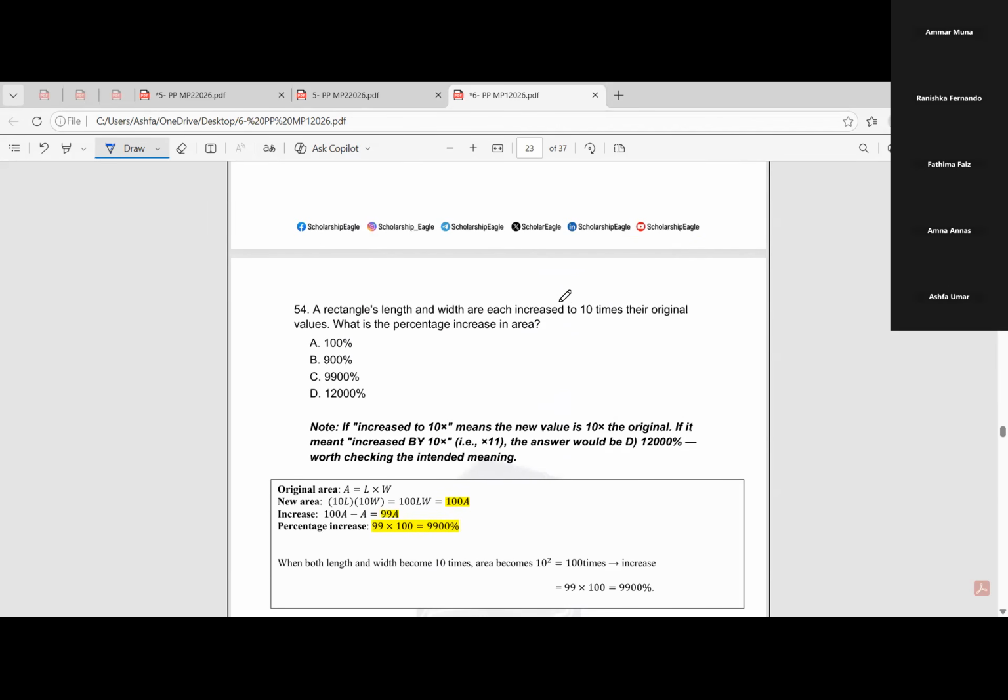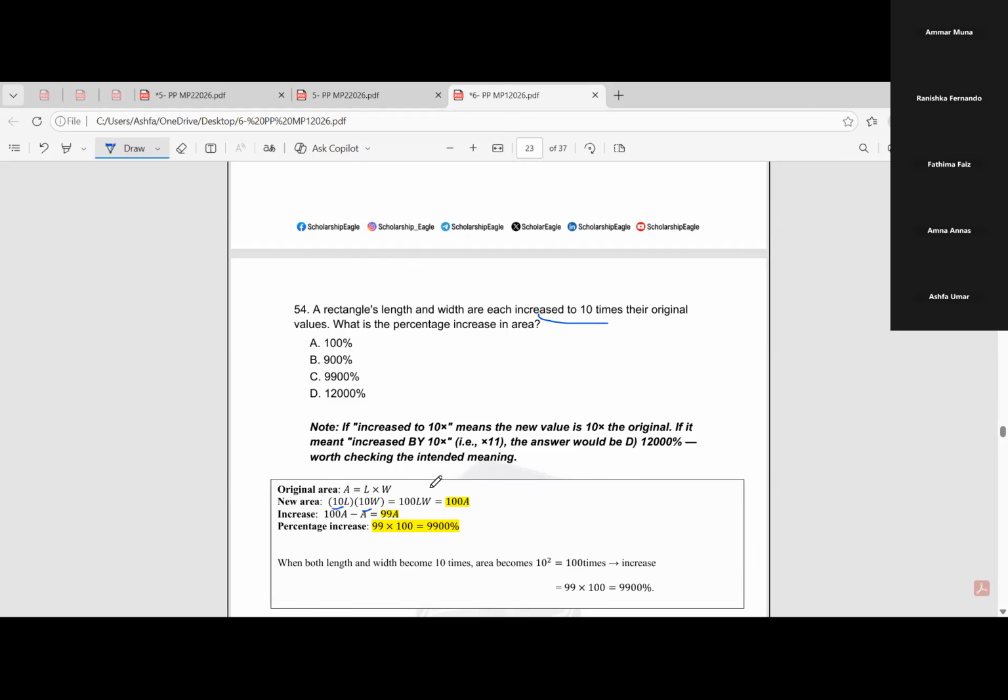So here it gives the rectangle's length and width each increased to 10 times the original values, and asks the percentage increase in area. We can take the original area as A equals L times W, and the new area is 10L times 10W.